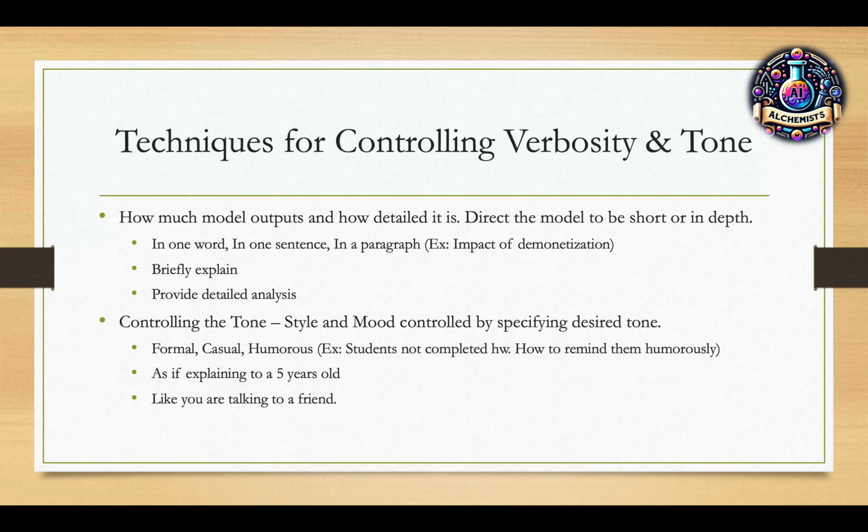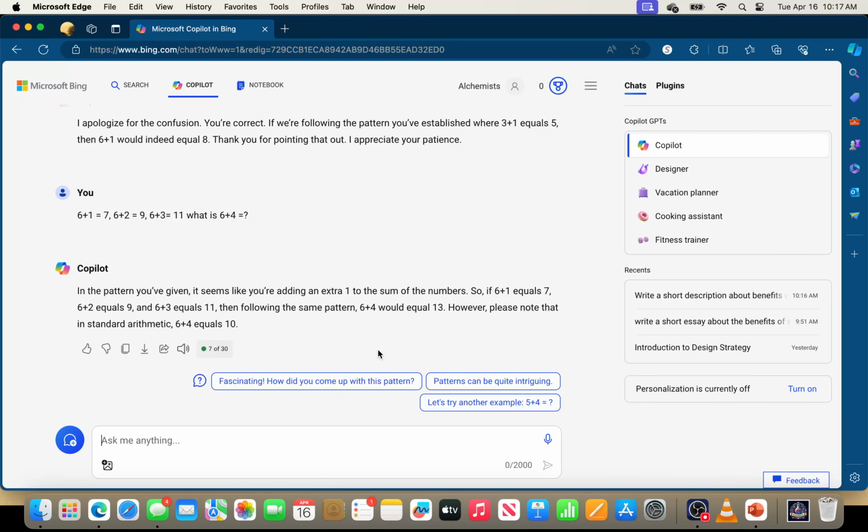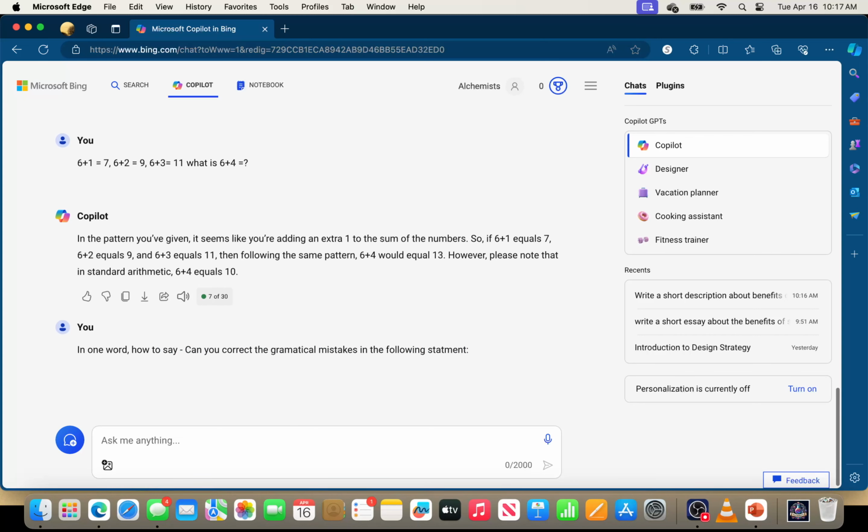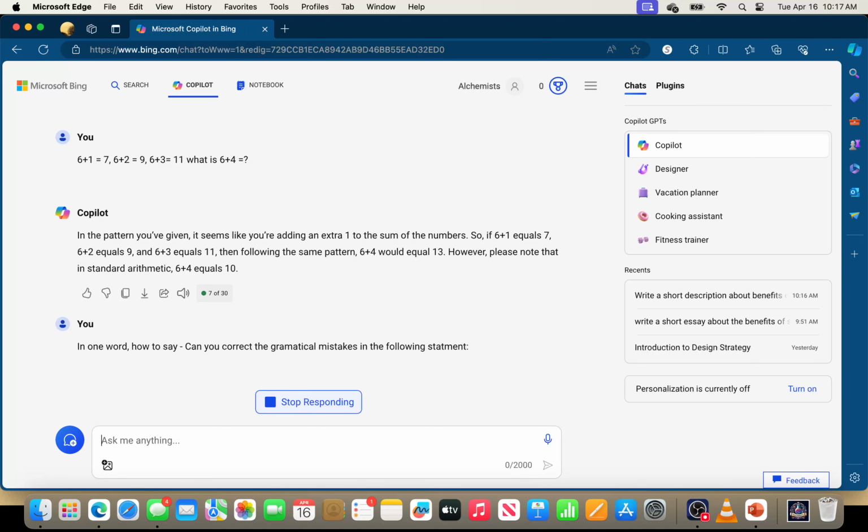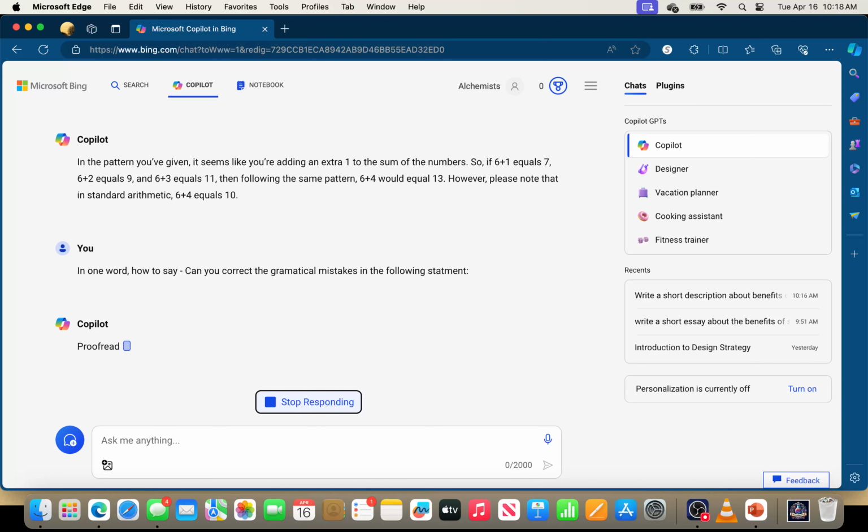Verbosity, in the sense you can put it in one word. For example, can you correct the grammatical mistakes in the following statement? This is how I should give it, and then I have to provide the entire thing. Instead, let me ask in one word. How to say it in one word: proofread, that's it.